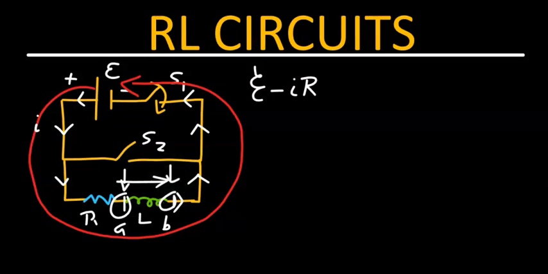And that potential term is quite simply L di/dt, as we have seen in the previous video. There aren't any other components left in this loop, so all these terms added together must give you 0.